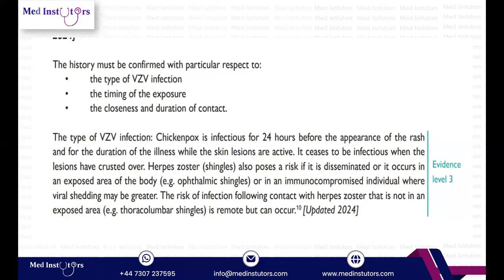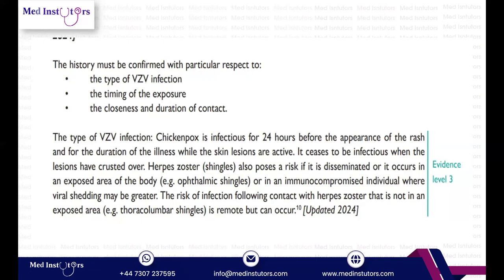Number first, if it is disseminated, or it occurs in an exposed area of the body like ophthalmic shingles, right? Or in case the person with shingles is an immunocompromised individual, because immunocompromised people will be shedding more and more of this virus and are more contagious.